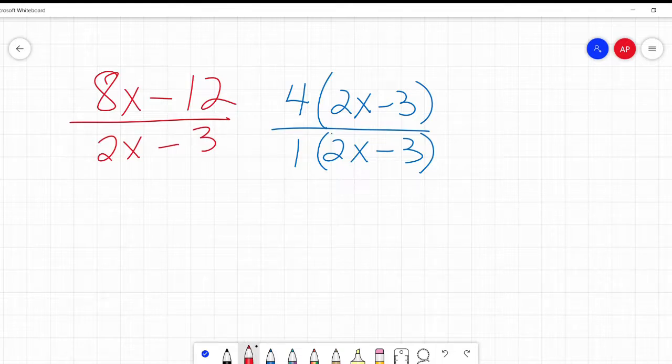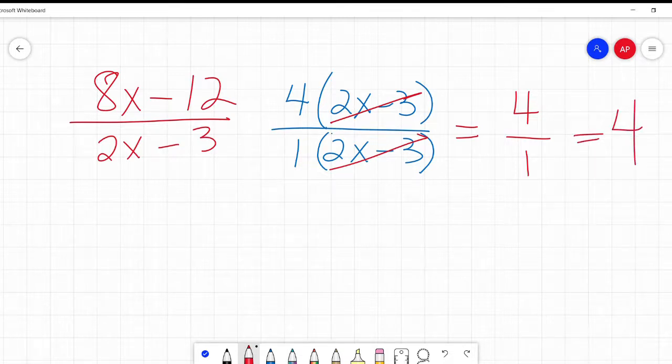That's what they want you to do in that scenario. I hope that makes sense. But that is how you do that. So in this case, it would be 4 over 1 because those both cancel out, or just 4.